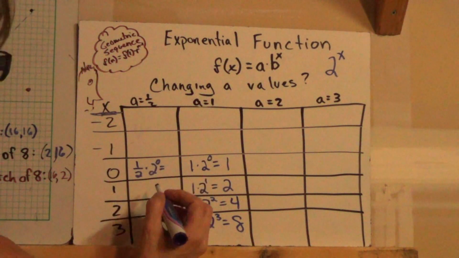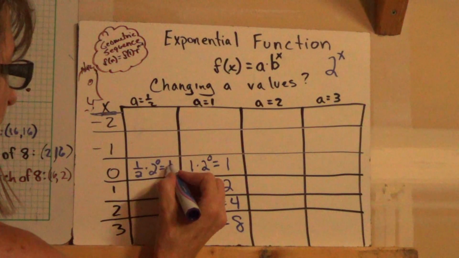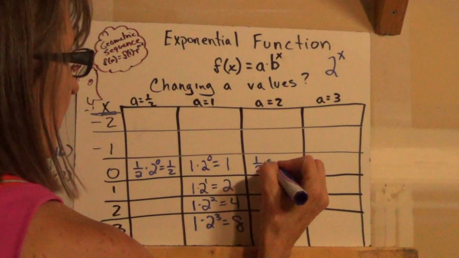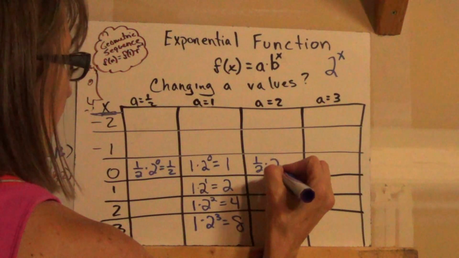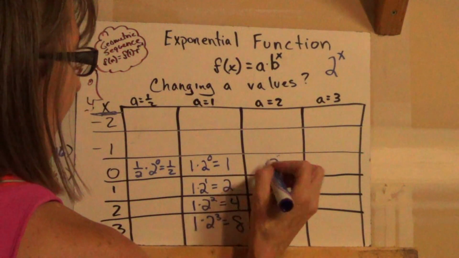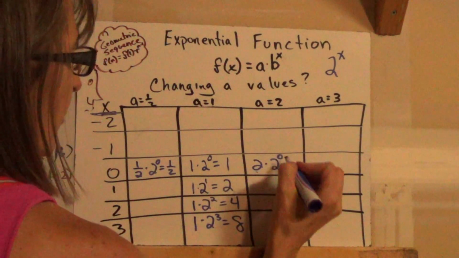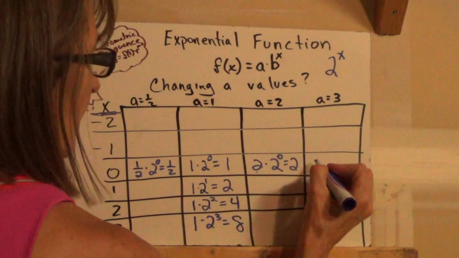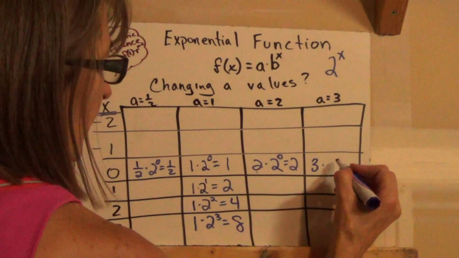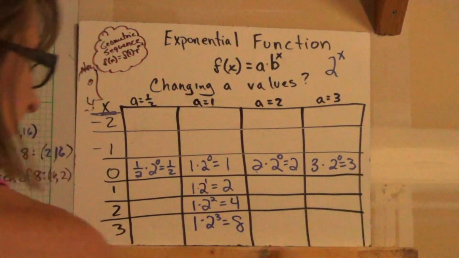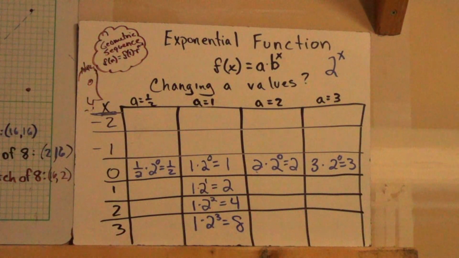Anything to the 0th power is equal to 1, so 1/2 times 1 is 1/2. Oh, I'm sorry, my a value is 2. 2 times 2 to the 0th would be 2. 3 times 2 to the 0th would be 3. Because anything to the 0th power equals 1.